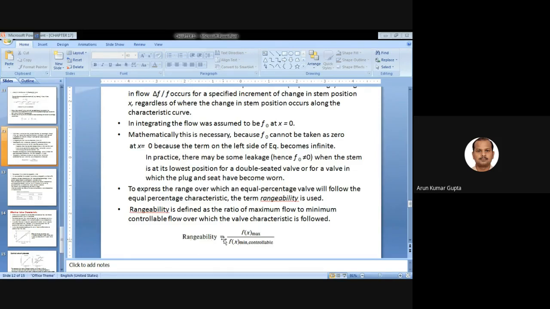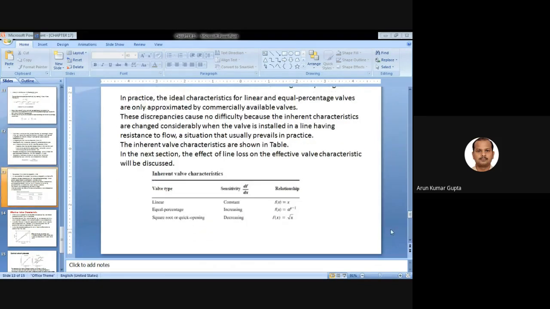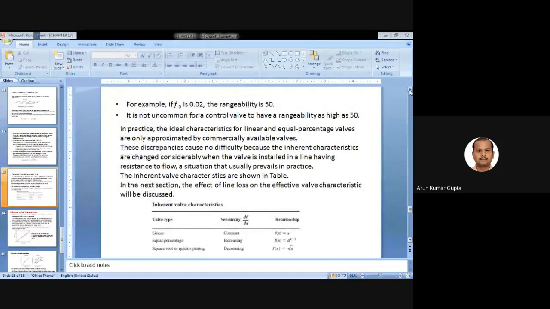So rangeability is basically flow maximum and flow minimum. This is controllable. So the terminology we define like this. Generally, for example, if f naught equals 0.02, rangeability will be 50.